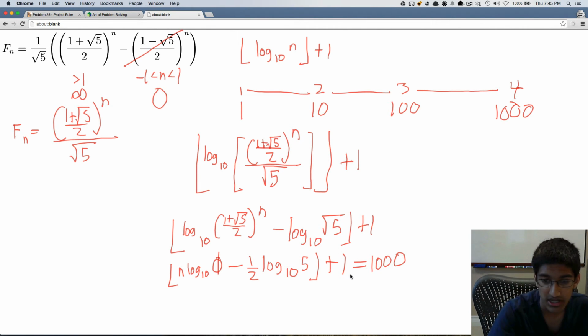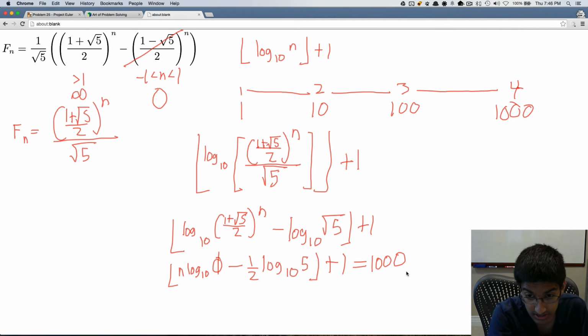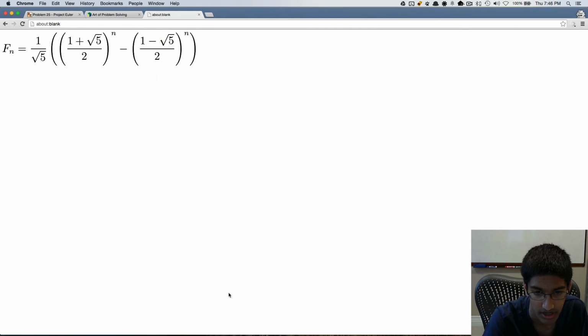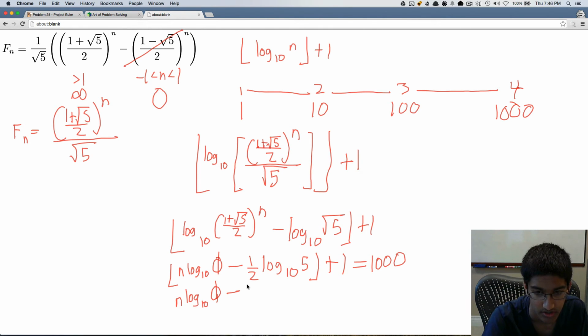Now what I'm going to do is take this and turn it into an inequality, getting rid of this floor. So first, moving the 1 here, this would become 999, and let's get rid of these floor symbols. So then we'll have n log base 10 of phi minus 1/2 log base 10 of 5.